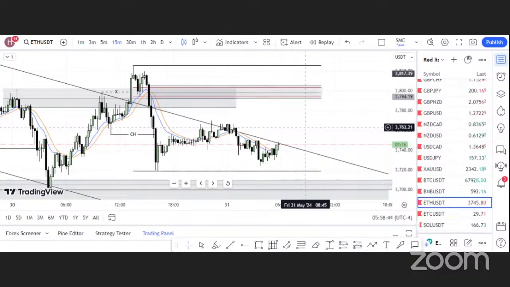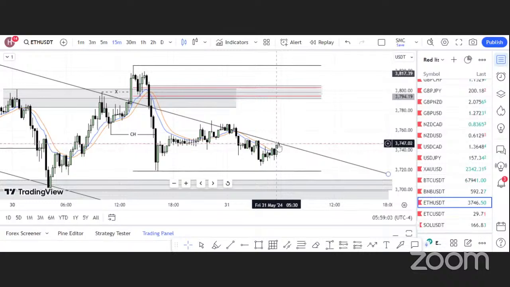So we have less than 2 minutes to the end of this candle. So if the candle ends this way, this is not a rejection, okay? This candle formation is called a doji. And a doji candle is a continuation candle, okay? The candle formation for continuation, trend continuation.